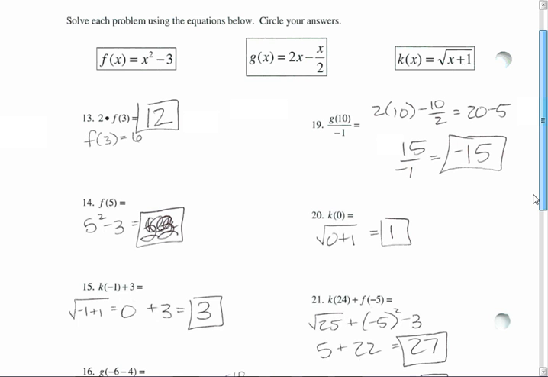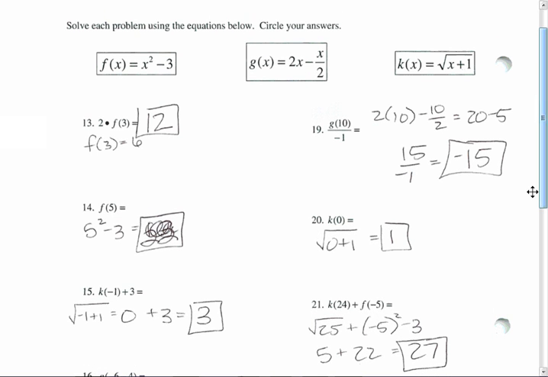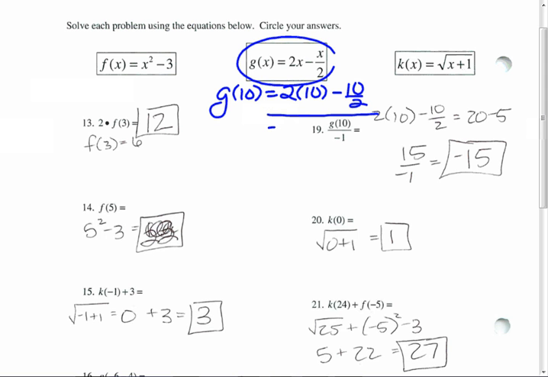Okay. Number 19 is g of 10 divided by negative 1. So here's g. So you put the 10 in there. G of 10 is equal to 2 times 10 minus 10 divided by 2. And all of that is going to be divided by negative 1, which is just going to change the sign to its opposite.